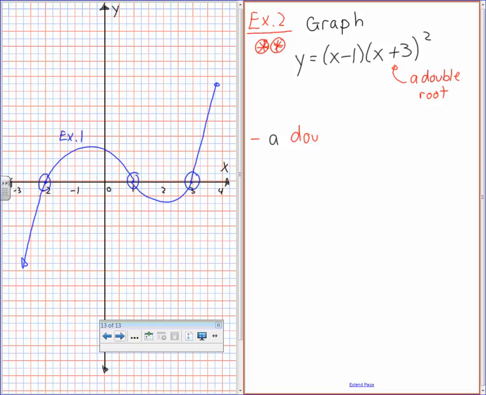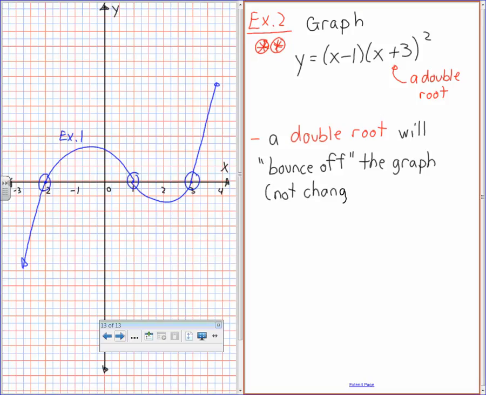A double root will bounce off the graph. Same bracket, not change signs.